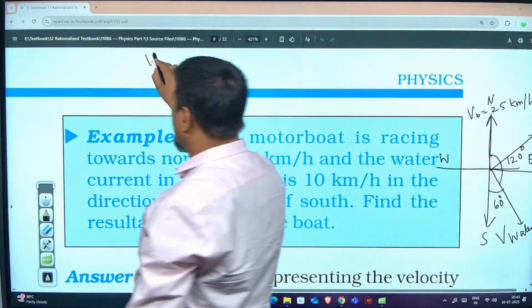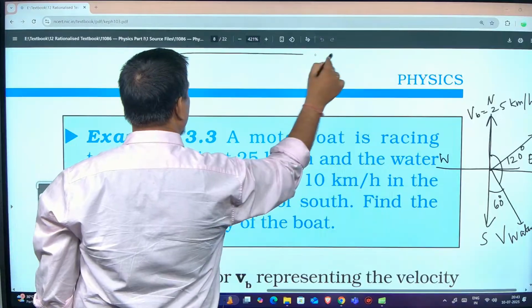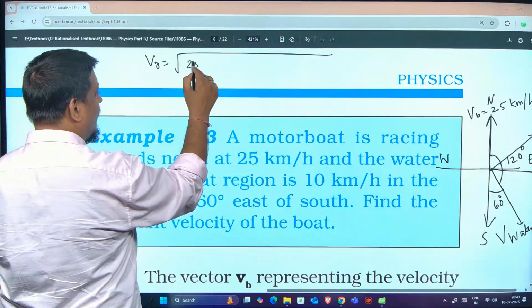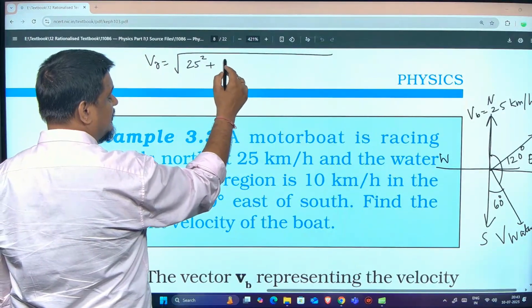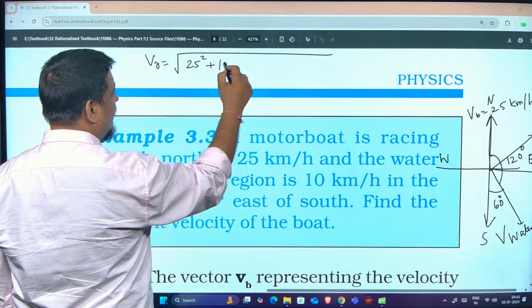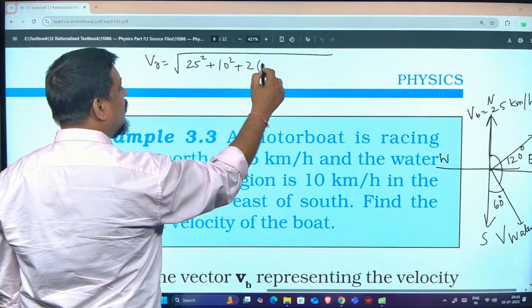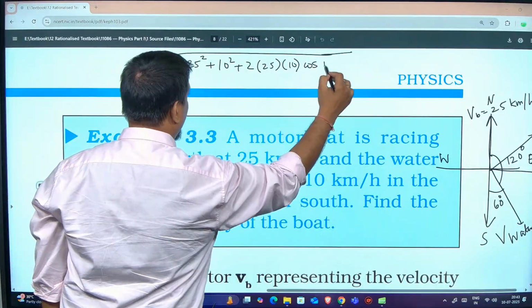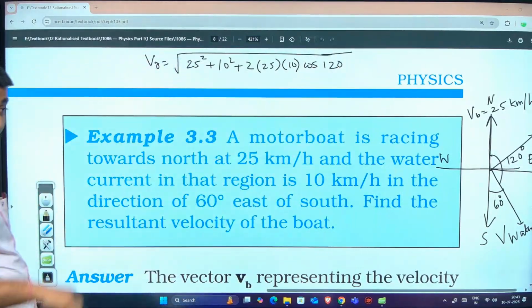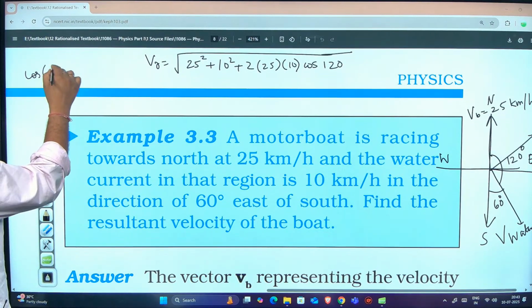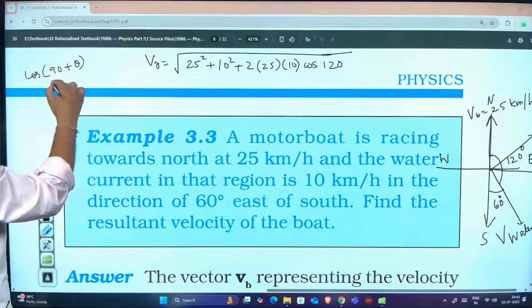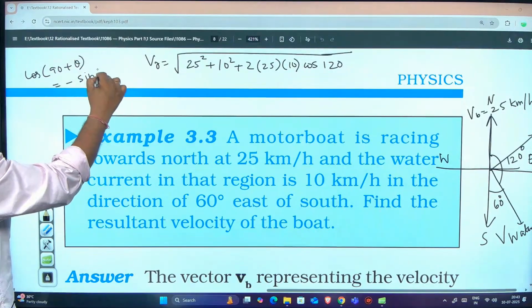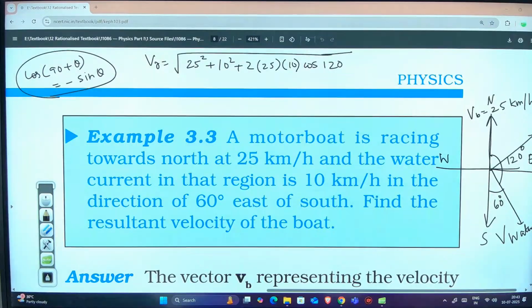So what will be the resultant here? VR will become equal to root over 25 square plus 10 square plus 2 into 25 into 10 into cos 120. What is cos 120? Minus 1 by 2. Cos of 90 plus theta is what? Minus sin theta. Remember this? So minus 1 by 2.